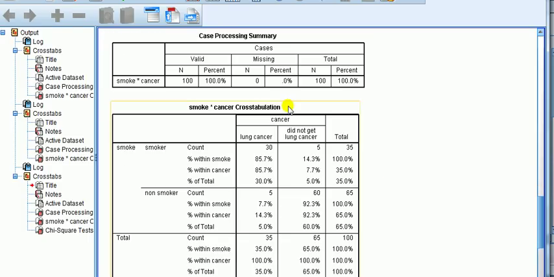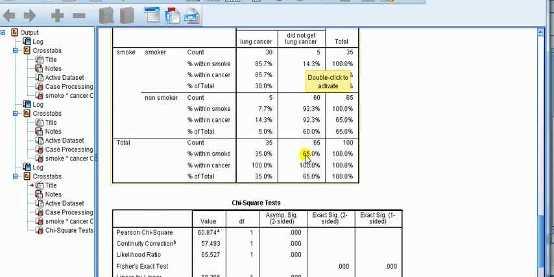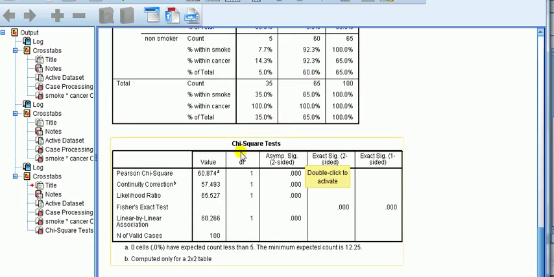Now you see the first two tables are the same as what we've seen previously. There's an additional table, and this is the chi-square test table. Recall that the null is, well, you can chant it out to tell me what it is. Yes, the null is that there is no relationship between smoking and lung cancer.